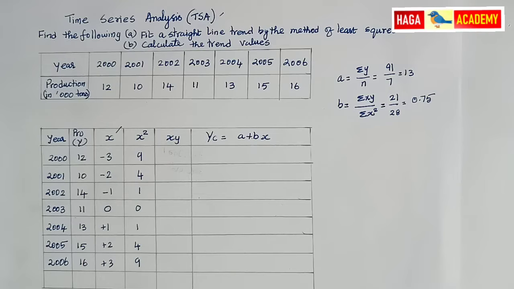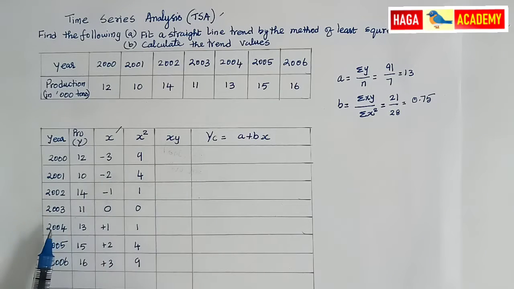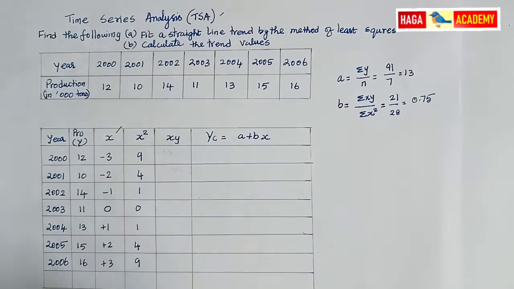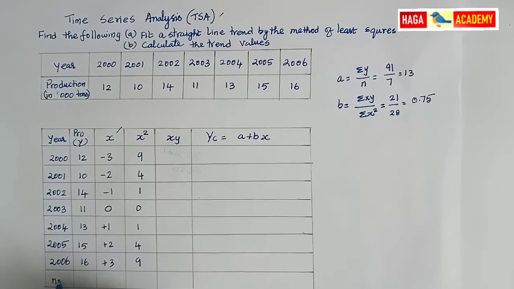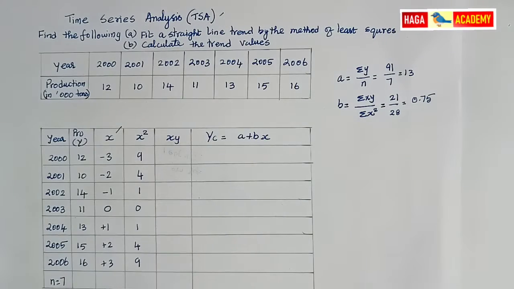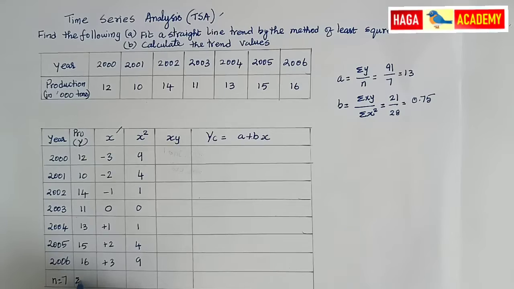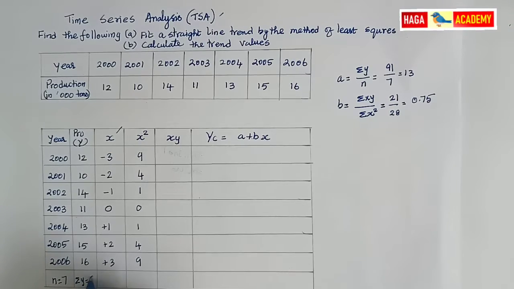Now we want to identify xy. Before that, concentrate on how we have reached this. How many years are available? Number of years is 7. What is the total production, ton wise? Summation y equals 91.